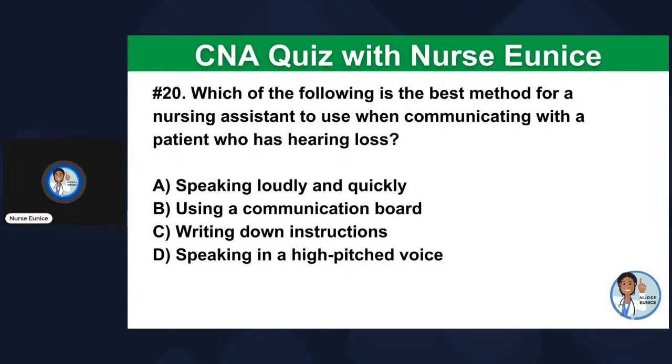I see B's, I see C's, I see you all teetering, you're tottering. And what I want you to think about C is, what if the person with hearing loss is from a different country, so they don't know the English language, or if they are illiterate and they can't read. So if B wasn't there, C would be the most correct response.